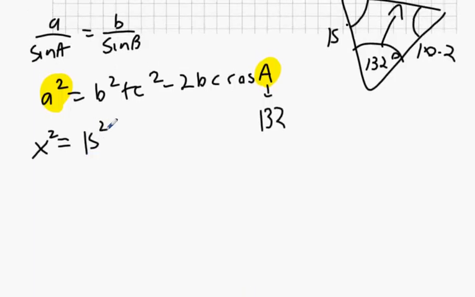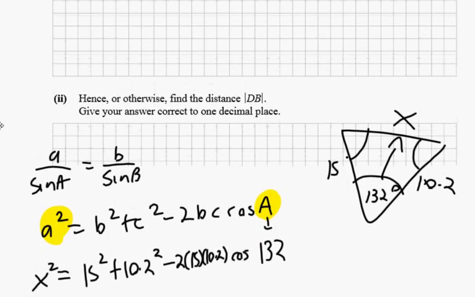15 squared plus 2 squared minus 2 times 15 times 0.2. How does this question end? Does it end with cos inverse? Why not? What's the question asking you for?